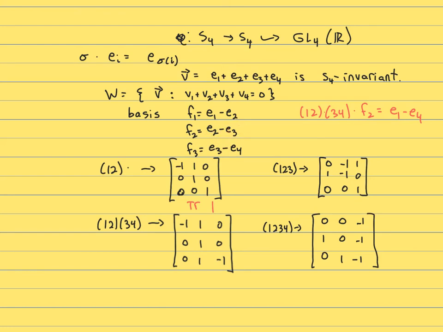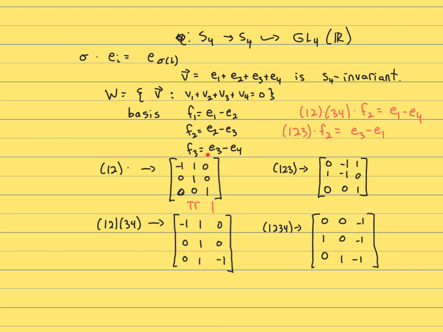So (1 2 3) applied to F2 becomes E3 minus E1. Notice that's the negation of F1 minus F2, so that's that column vector.